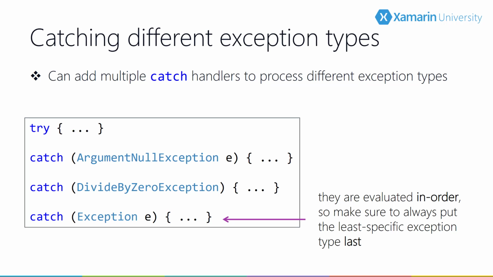When a match is found, the code within the catch block is executed, and only one catch block's code is ever executed. Exceptions thrown that do not match any of those declared types will remain unhandled. So catching specific exception types provides two benefits.